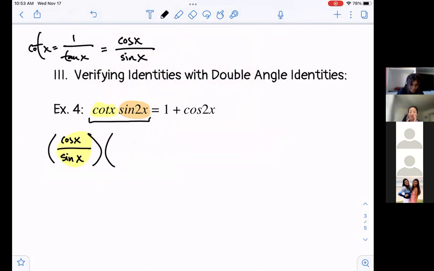And this we just learned today, so this is a new formula for us. Great. 2 sine x cosine x.